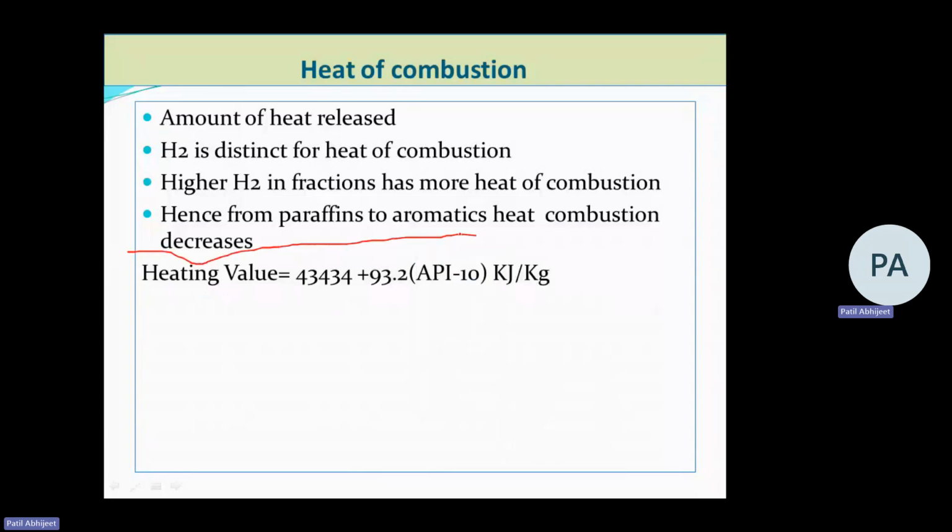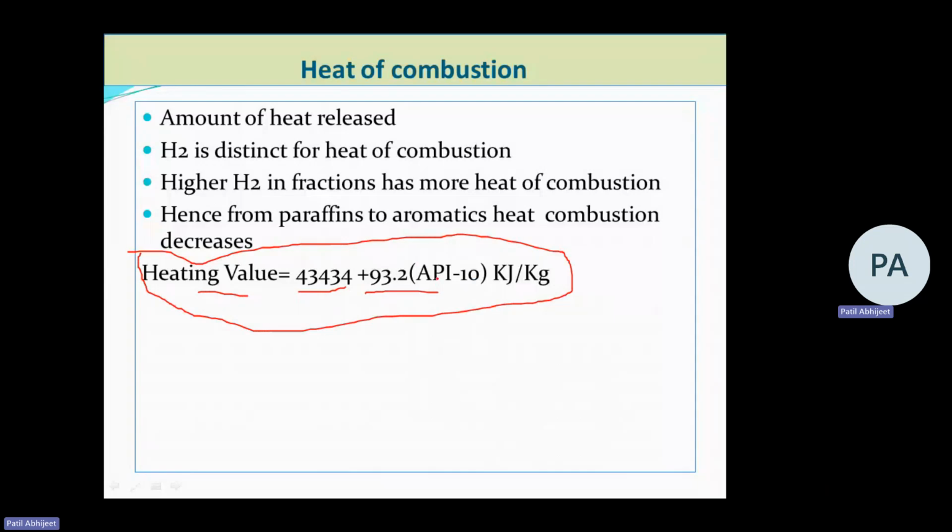So this is the simple heat of combustion.